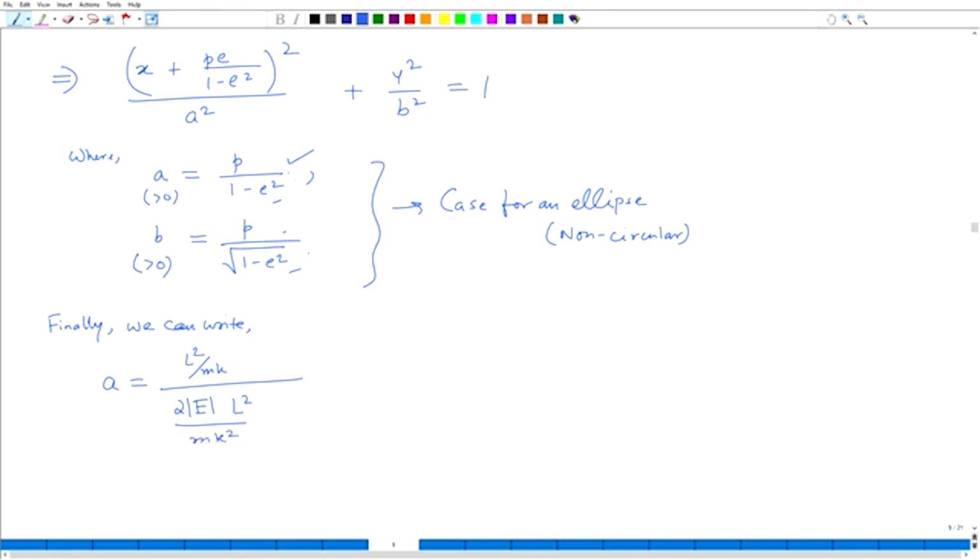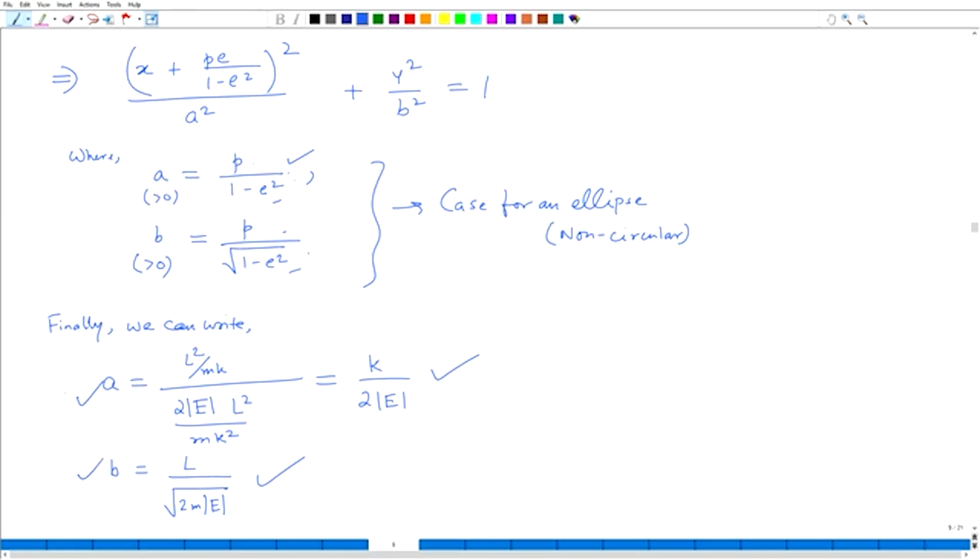Mod of E means the positive value of E. After the cancellations in the numerator and denominator, you will have k by 2 mod E, and B will be equal to, following the same steps, root over L by root over 2 m mod of E. I encourage you to do those calculations once again from these expressions, using the expressions of P and E separately to reach those results.